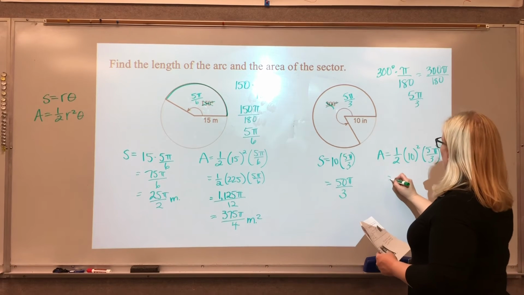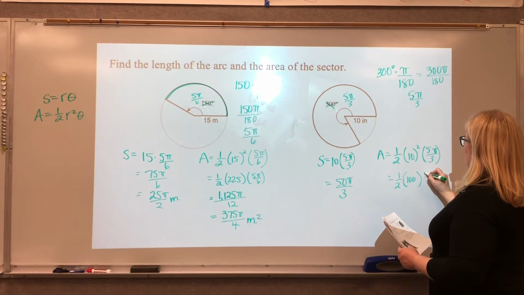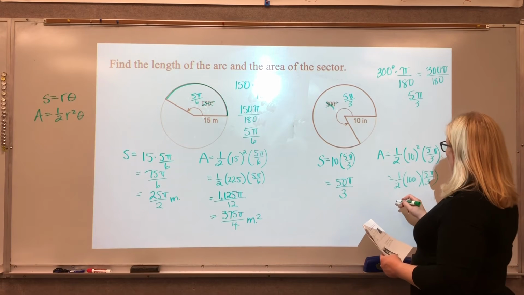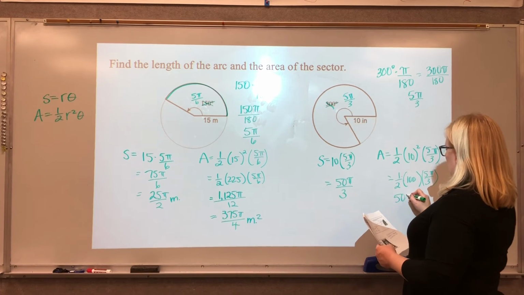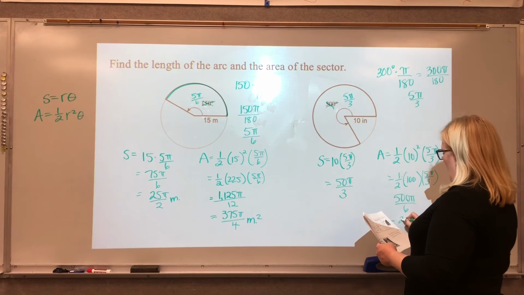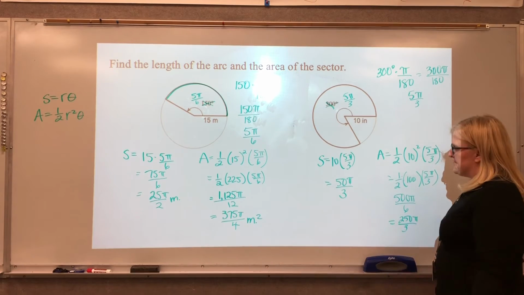So this is now 1/2 times 100 times 5 pi over 3. Now I have 500 pi over 6, which reduces to 250 pi over 3.